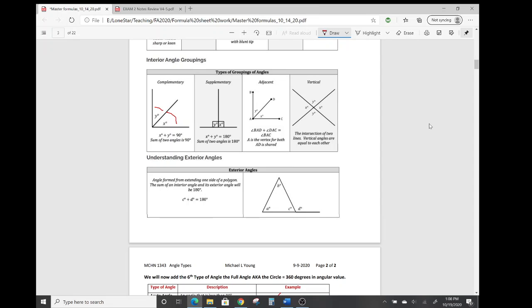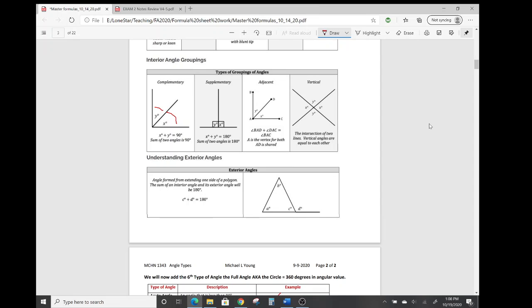Exterior angles. Any angle formed from extending one side of a polygon, and all a polygon is, meaning it's a multi-sided figure, poly. Like a polymer is not one kind of plastic, it's a mixture of plastics. Polygon, many-sided.